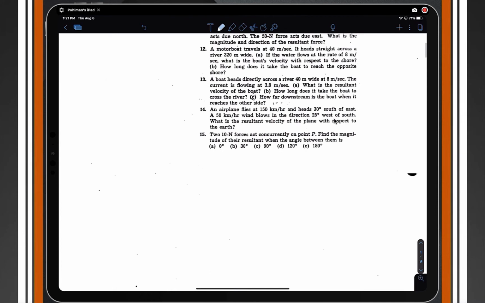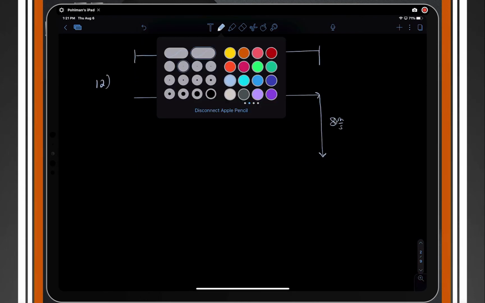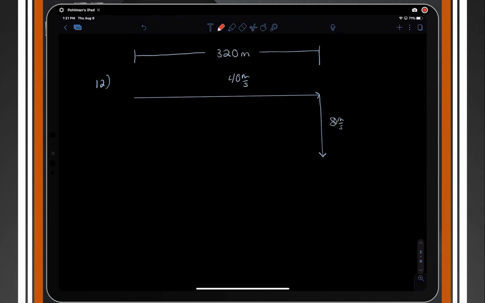It asks us first, what is the boat's velocity with respect to the shore? All right. What that is really getting at is simply, what is the resultant velocity right here?